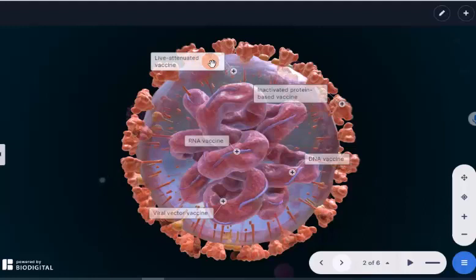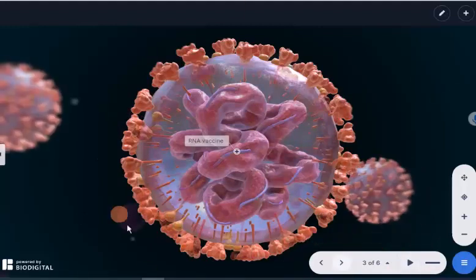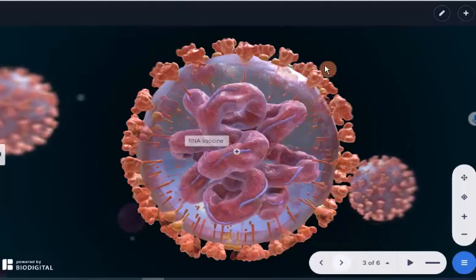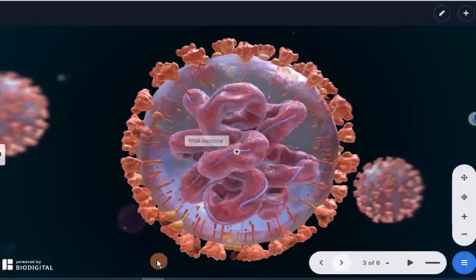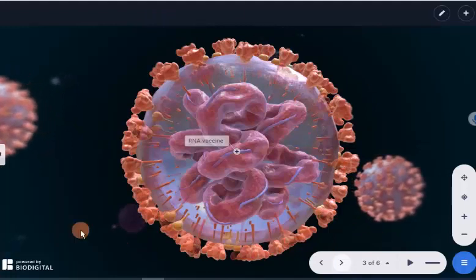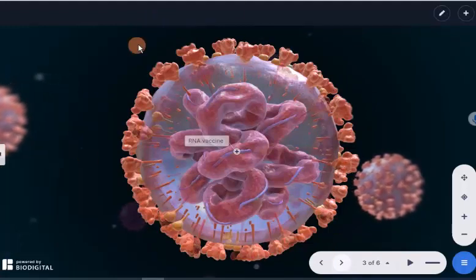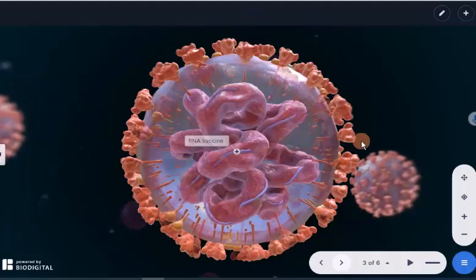Similarly, there is the attenuated vaccine. Whole organisms can be made into vaccines by either semi-killing them or making them very attenuated, very weak.